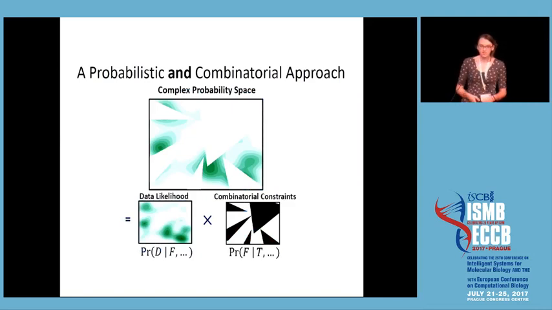Stepping back to look at this at a conceptual level, we have some complex probability space over our set of frequencies, and I'm showing a visualization of it in 2 dimensions. In reality, it's highly dimensional. And we're decomposing this into a likelihood function over our data and a set of combinatorial constraints. To calculate the integral, we're going to take advantage of both of these parts and the fact that we can accurately characterize both of them.